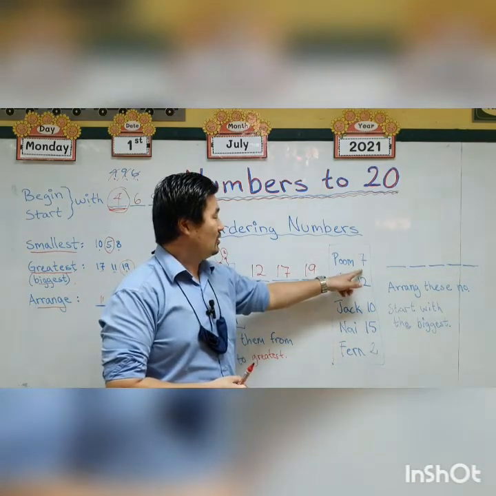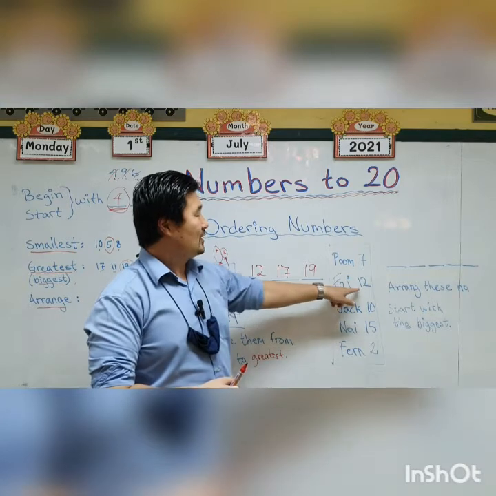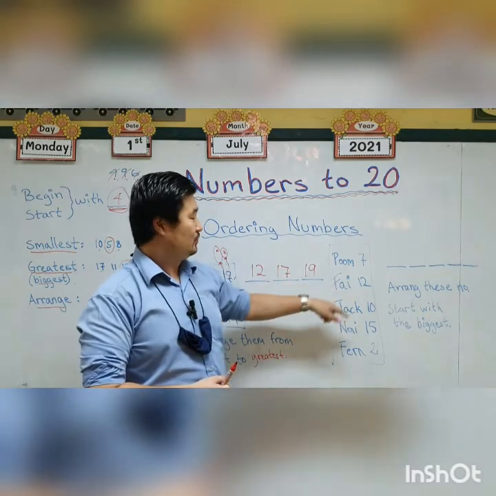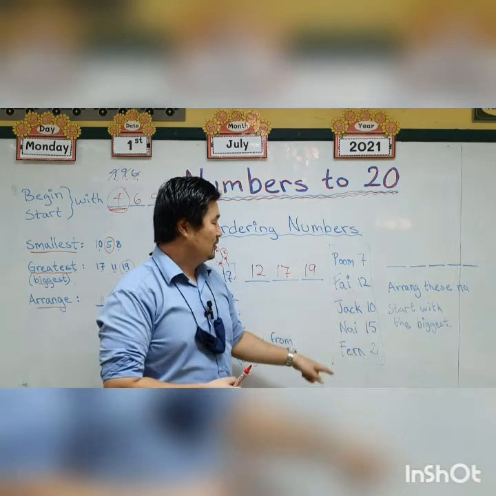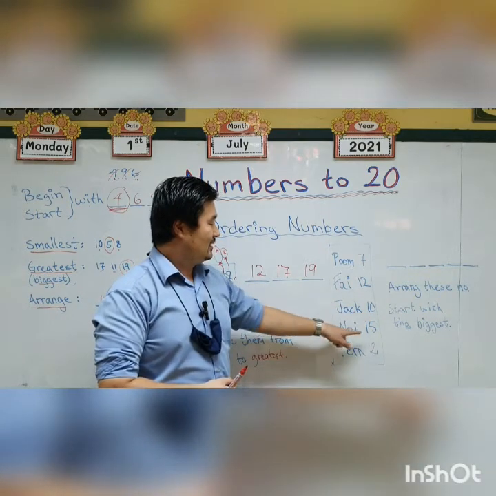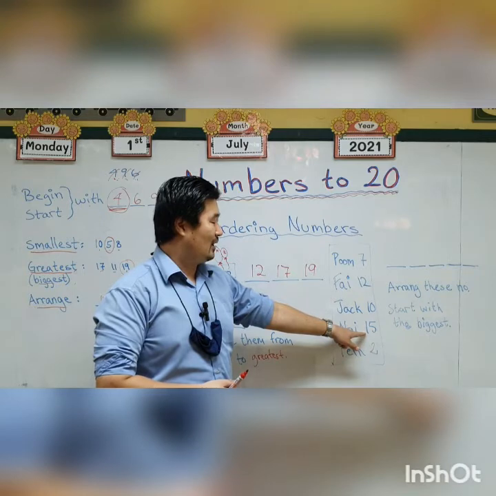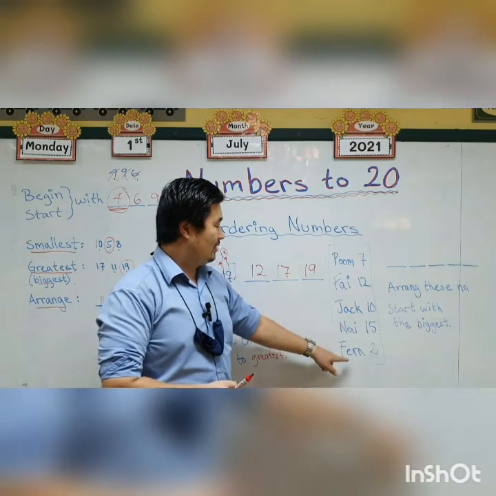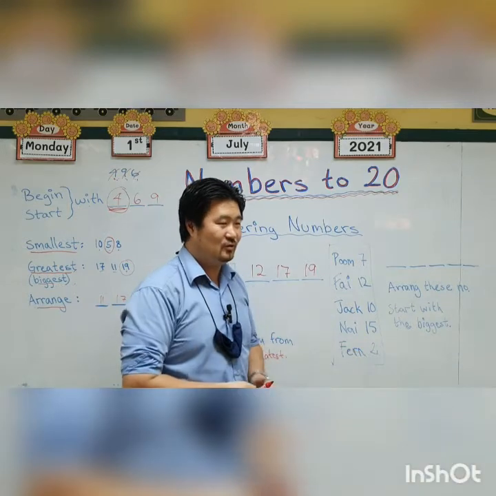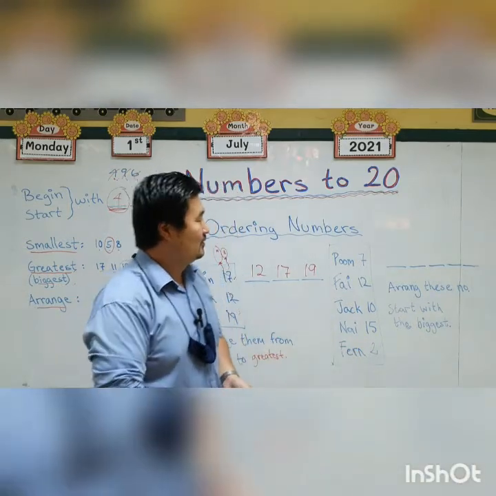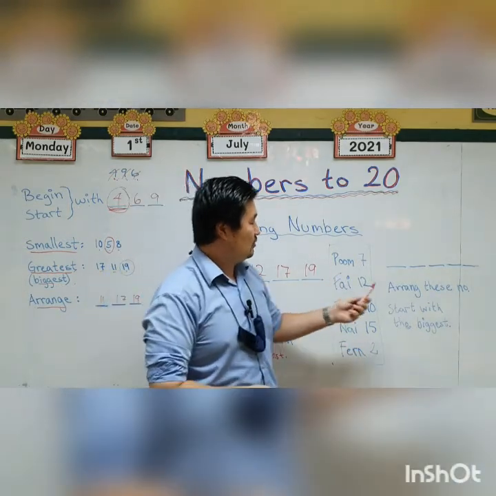Okay? 7 flowers. 5 has 12 flowers. Jack has 10 flowers. And then 9 has 15 flowers. And then Fern only has 2 flowers. Okay, so now what to do?